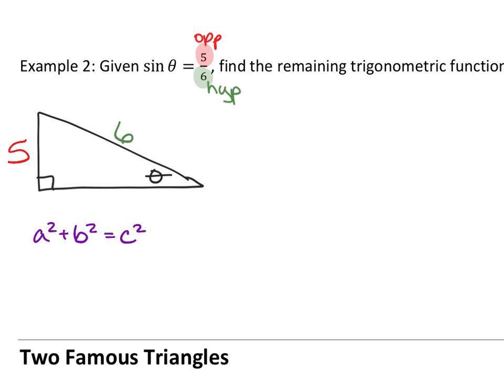Which of those two letters do I know? A and C, sure. So if we fill that in, this is a squared plus b squared equals c squared. If I'm solving for b, I would subtract 5 squared to the other side.